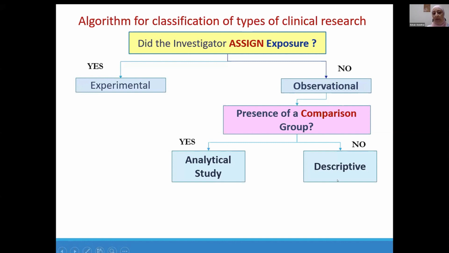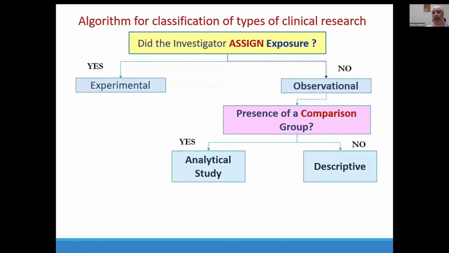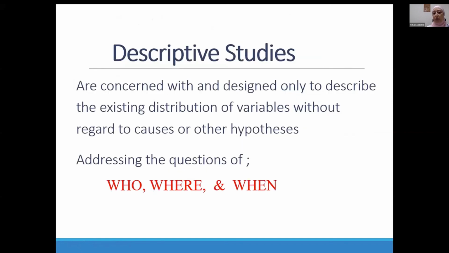So if you have descriptive, there are no comparative groups. Descriptive studies are concerned with and designed only to describe a situation and the distribution of variables without regard to any other hypotheses. And they answer questions related to who, where, and when.